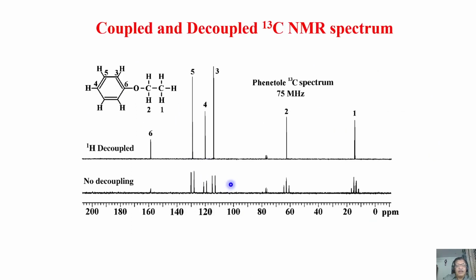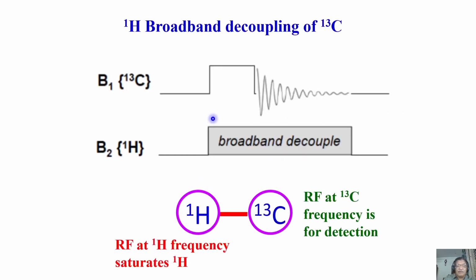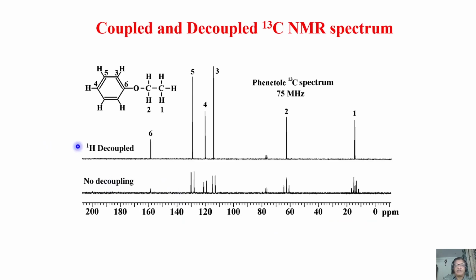Now, if I do the real decoupled spectrum, while collecting the signal, I also apply a second radio frequency pulse at the proton frequency to saturate the protons. That means to decouple all the protons coupled to carbon, and this is what we are going to get. Look at this, what happened? The spectrum got significantly simplified.